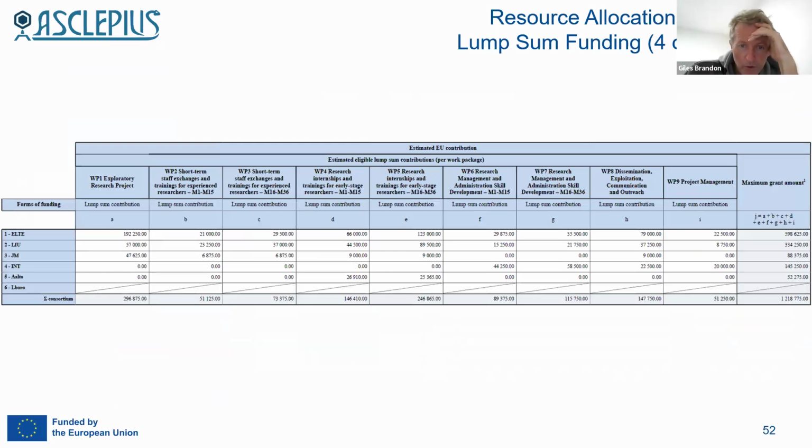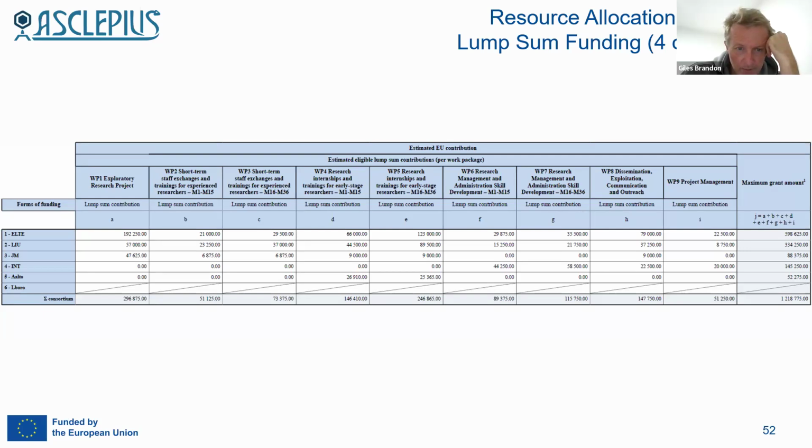Anyway, if you do all that work, you prepare your Excel file, it gets uploaded to the funding and tenders portal, your lump sum funding budget will look something rather like this, typically like this in the proposal.